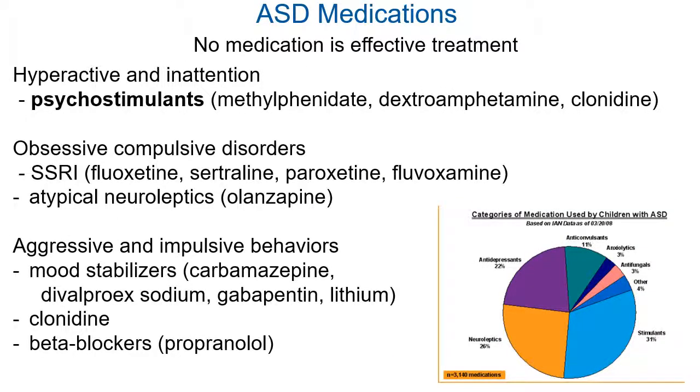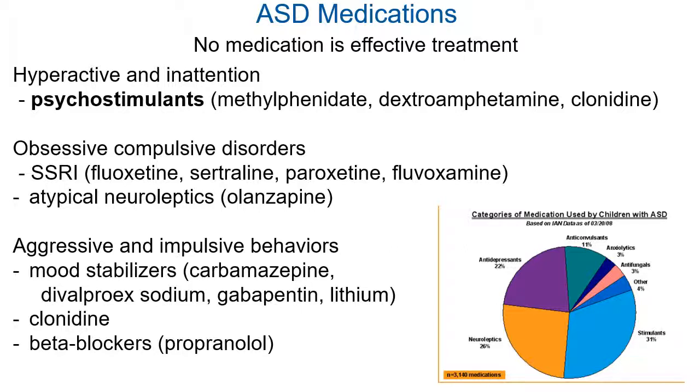So there is no single medication that's used for all forms of autism. Typically, you're reliant on treating specific symptoms. So for hyperactive or ADHD type symptoms, you're going to give them a stimulant such as methylphenidate or dextroamphetamine. If they have OCD-like symptoms, you can try an SSRI such as fluoxetine or sertraline.